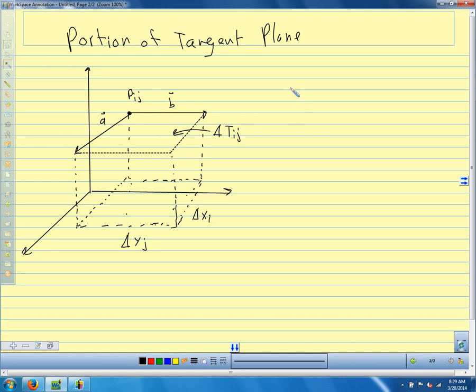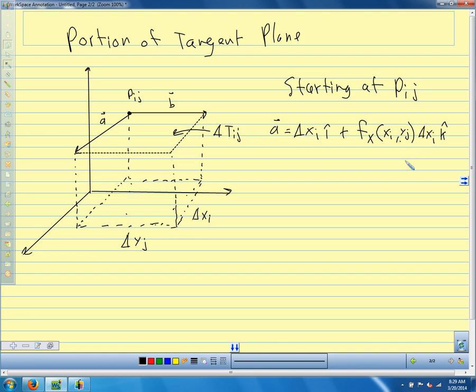So starting at P sub ij, my vector A is going to be delta x sub i in the i direction plus the slope, the partial f sub x at that particular point, times delta x sub i in the k hat direction.